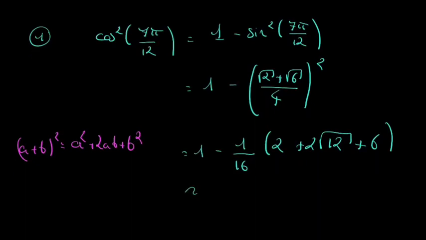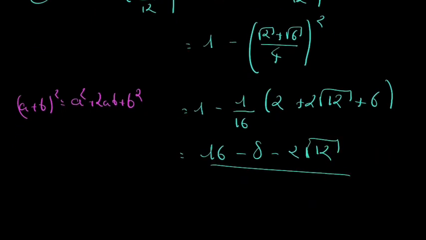Let's do some simplification. This is equal to 16 minus 2 plus 6, 8 plus 6, 8 minus 2 square root of 12 over 16.